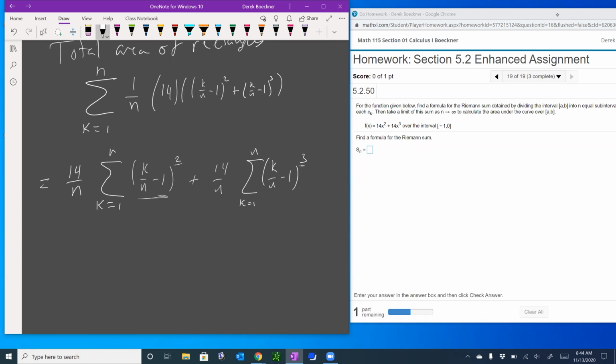So somehow I have to turn this into something that looks like k to some power behind the sum and everything else outside the sum. So to do that, I need to get the k's out of the parentheses so that I can factor out everything but the k's. Okay, so we're going to expand this whole thing out.